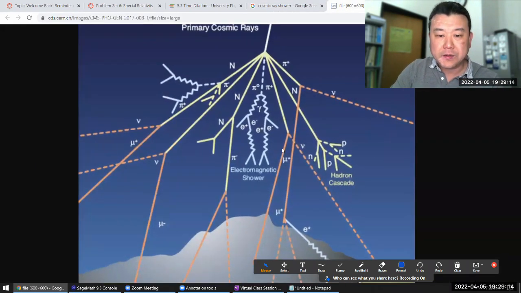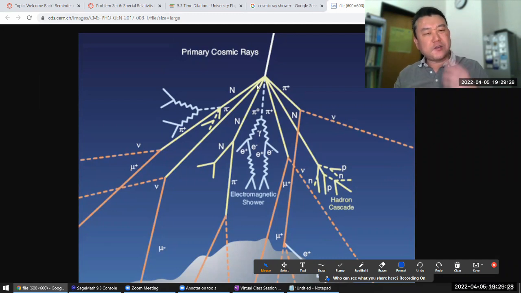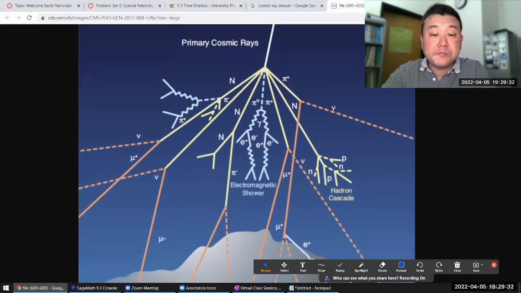What this is illustrating is the cosmic rays, which are highly energetic protons from outer space, colliding with just the gas molecules in the upper atmosphere. You can almost think of it like a proton-proton collision. There's a lot of energy there. It produces a bunch of unstable particles. The first particles they usually produce are pions. That's what these are showing.